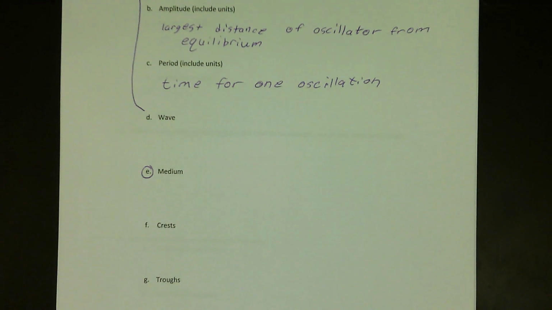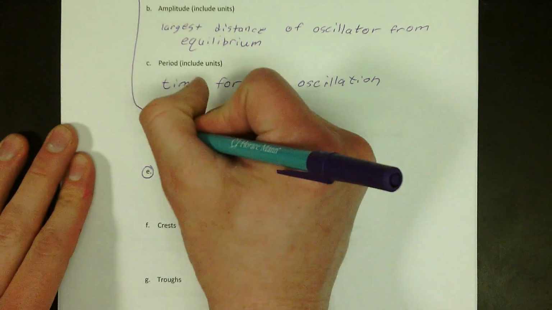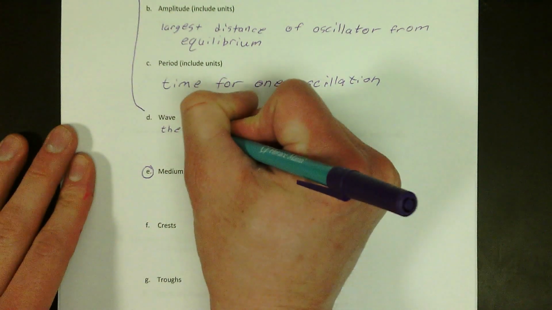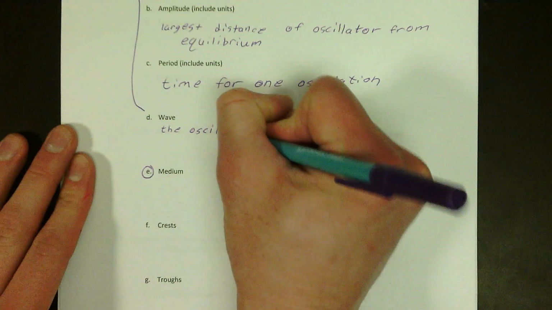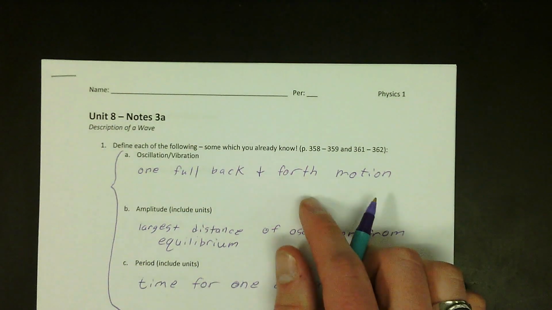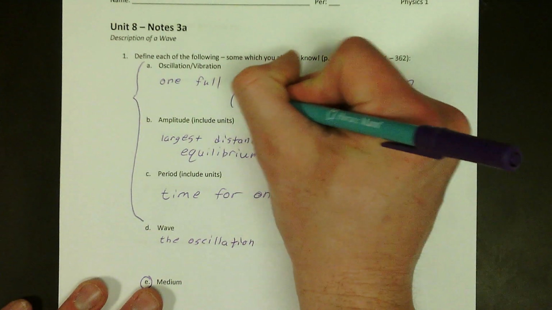So here's what it is, and I'll try to break it down to make it kind of simple because there is a lot of words going on there. I think of it this way. So it's the oscillation, because remember we talked about what oscillation was. We said it's a full back and forth motion. And really, I should probably add this, it's repeatable.